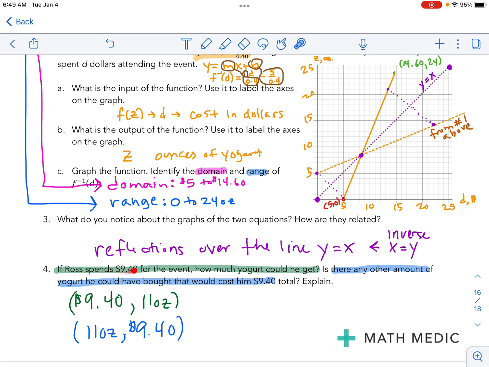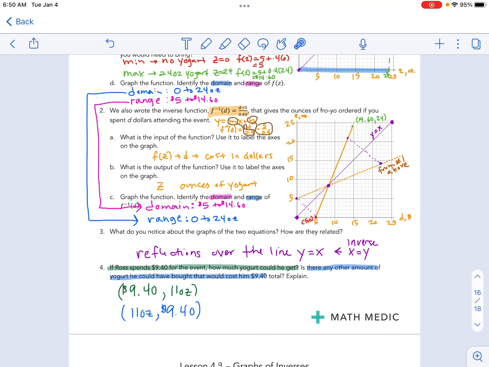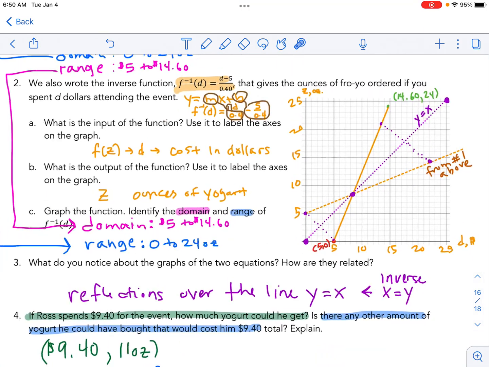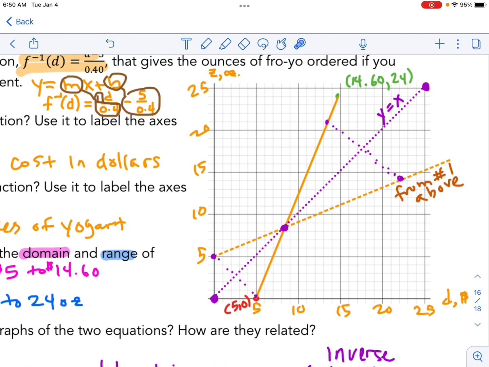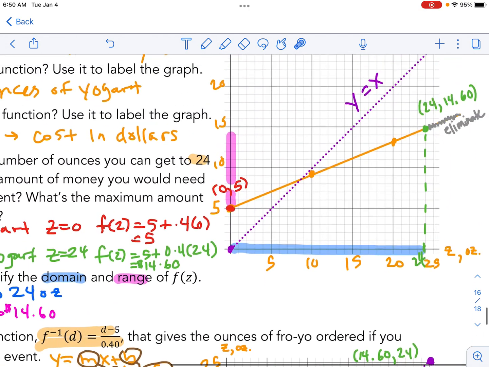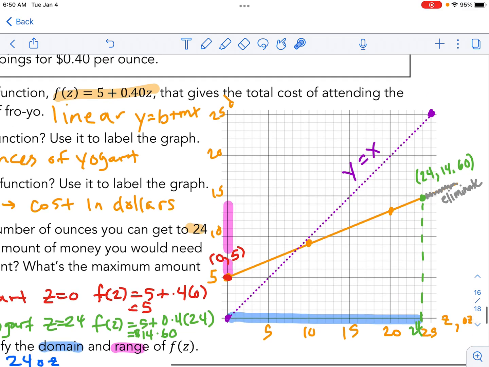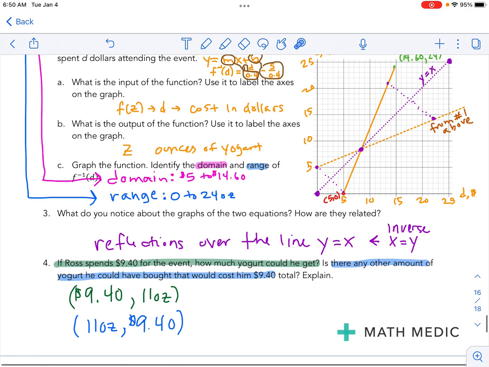So input is $9.40, output is the number of ounces, and then is there any amount of yogurt he could have purchased that would cost him $9.40 total would be just reversing that and taking that inverse. And so we can see that on the graph as well, that those are inverses of one another. 11 ounces of yogurt coming back up to here. What color was that?